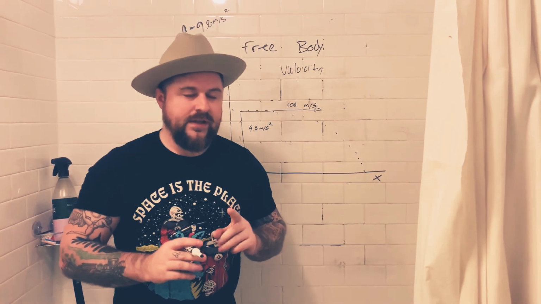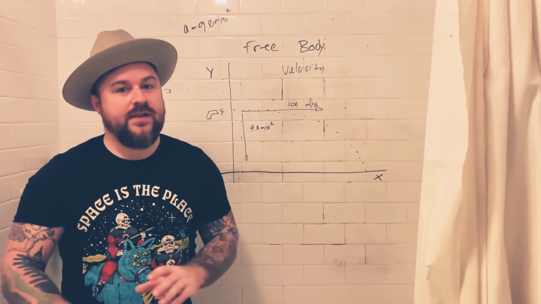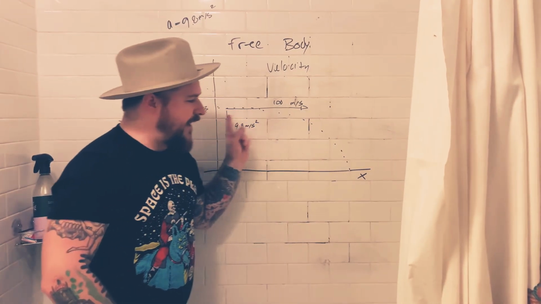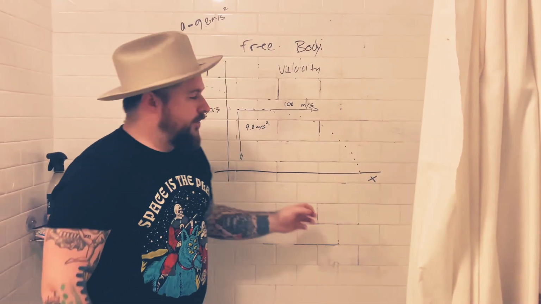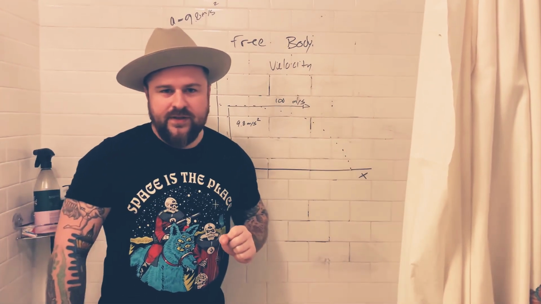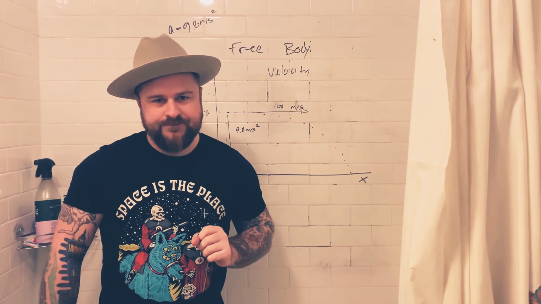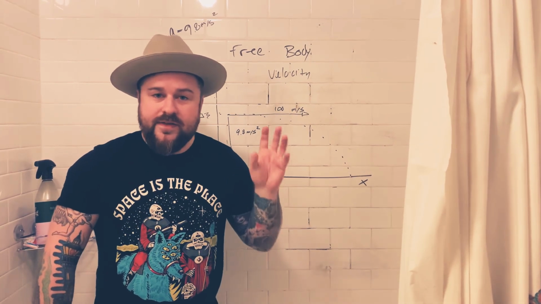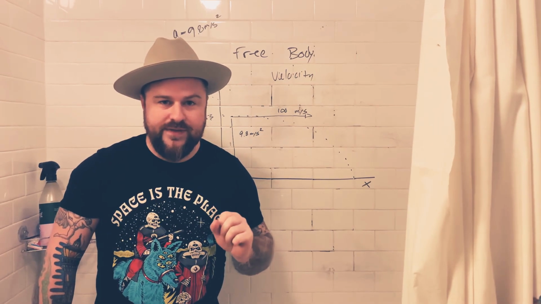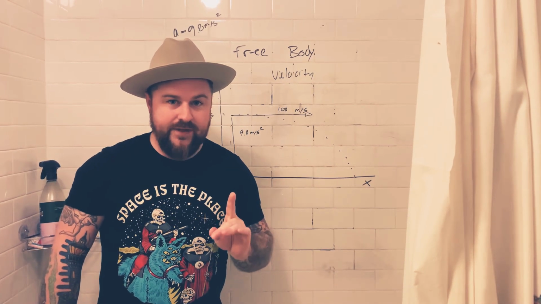Why? The answer to that will tell you almost everything you need to know about this challenge. This bullet will never get faster in the x direction, but it will always get faster in the y direction. No matter that the bullet is fired, there's only one force acting on it after it leaves the gun, and that force is gravity.